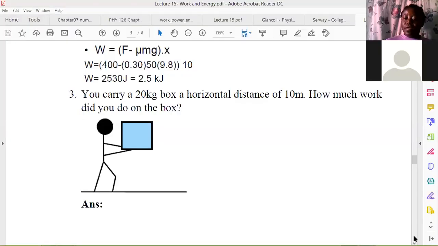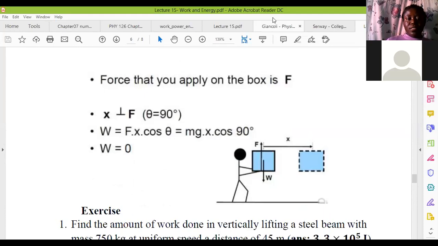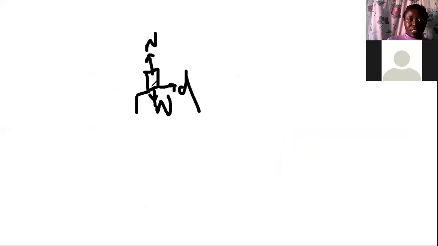How much work did you do? Here you can see that the box is on your hand, and it's you who is walking, you who is making up the displacement. This is your hand, and you are just moving from this position to that position. That is the displacement there.